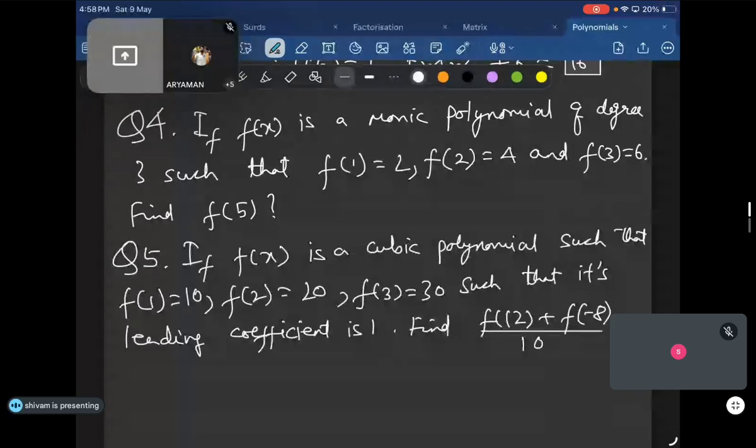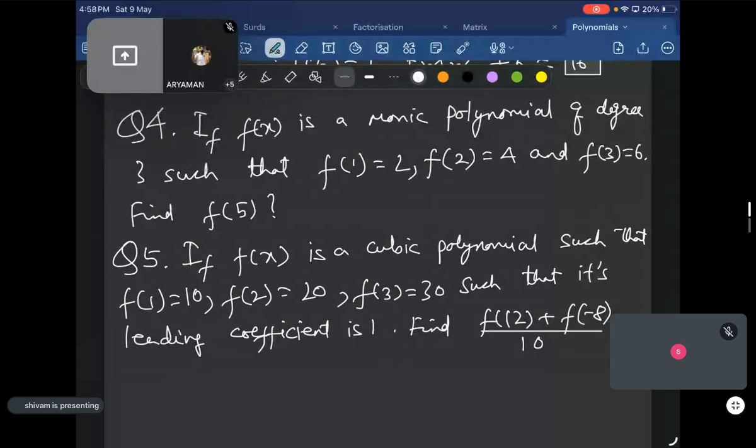Okay, everyone got the answer. The answer is 34. So I'm not solving 4. Okay, everyone, you people try out number 5. Yes, Shumanyu, 5 is correct.